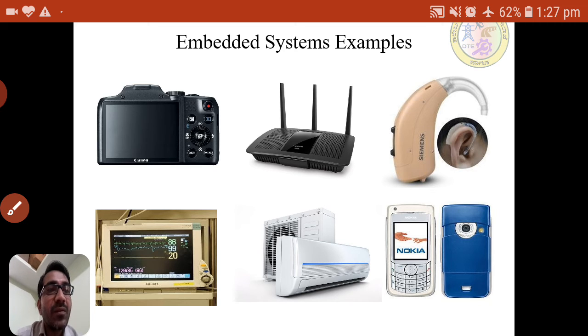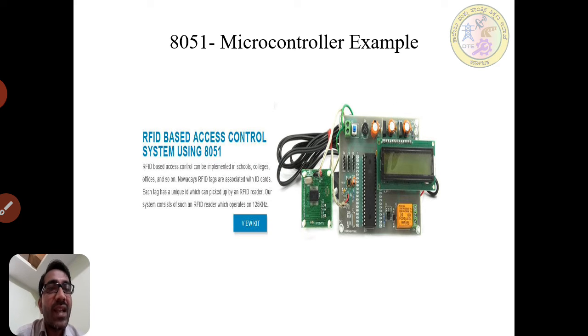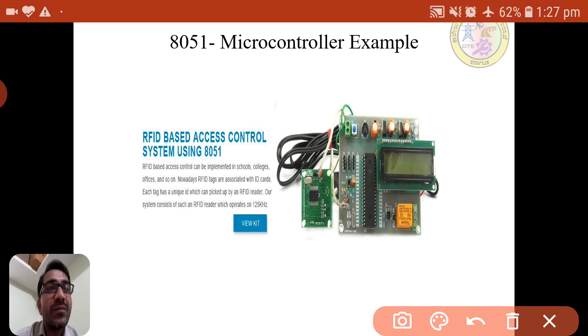So we now know what an embedded system is and what the examples are. And this small example uses the 8051. What we are studying now, using the 8051 IC, we can develop an RFID based, radio frequency ID based access control using the 8051.